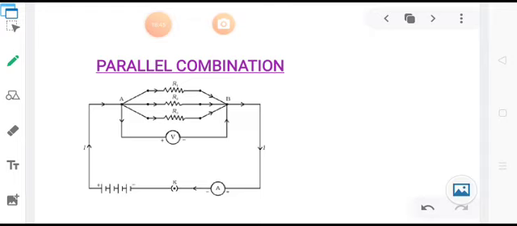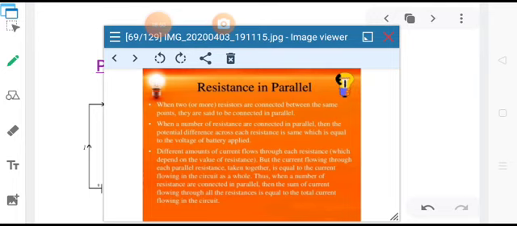Now let's understand it in a bit more detail. When two or more resistors are connected between the same points, they are said to be connected in parallel. Now the features of parallel combination. When a number of resistances are connected in parallel, the potential difference across each resistance is the same, which is equal to the voltage of the battery applied.